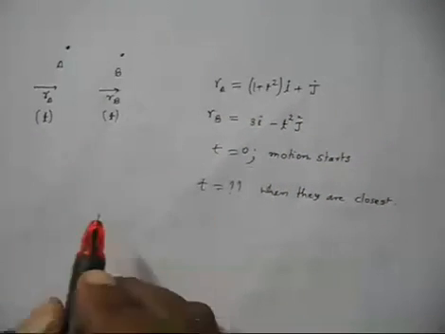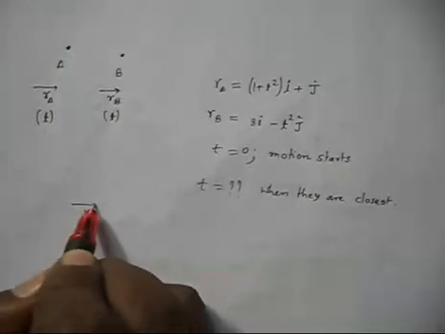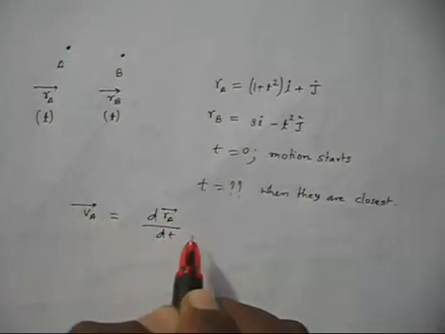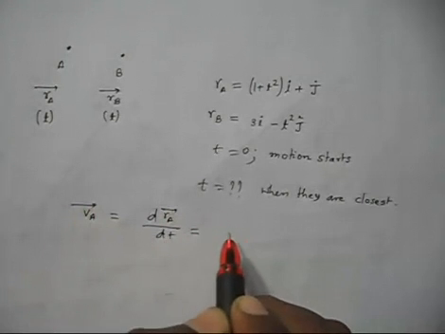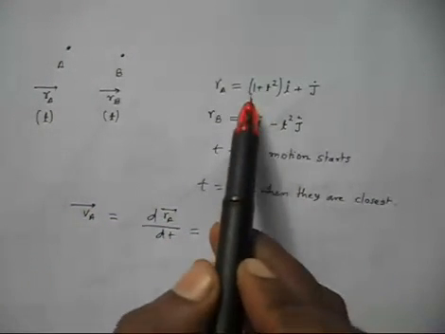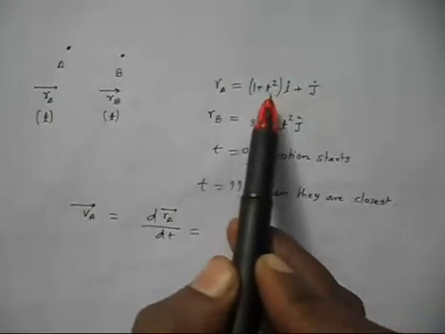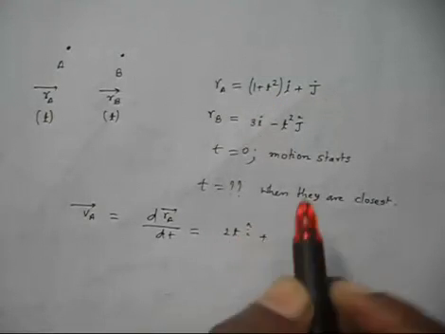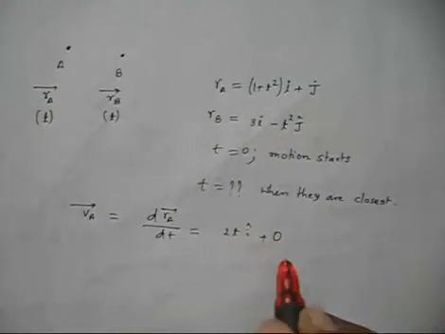So velocity of A is nothing but the differentiation of the radius vector of A. So this is (1 plus t square) i plus j. The t square differentiation is 2t i. j is a constant, so this is 0.